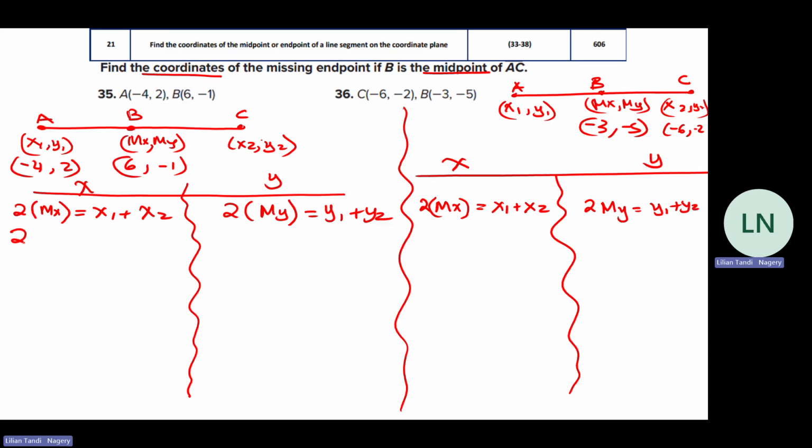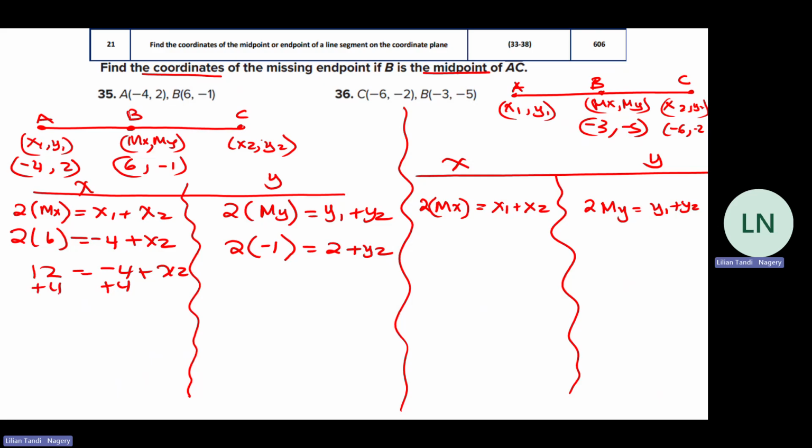All right, 2 multiplies 6, -4 plus x2. 2 multiply -1, 2 plus y2. 12 equals -4 plus x2, plus 4 plus 4. 16 equals x2.